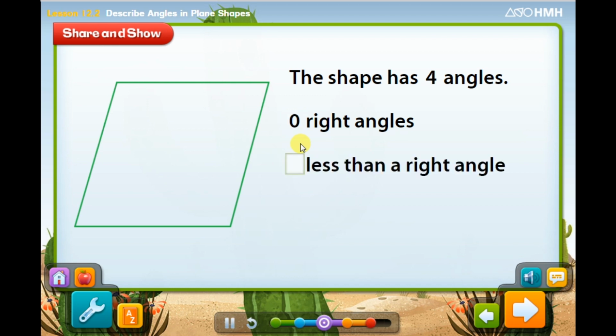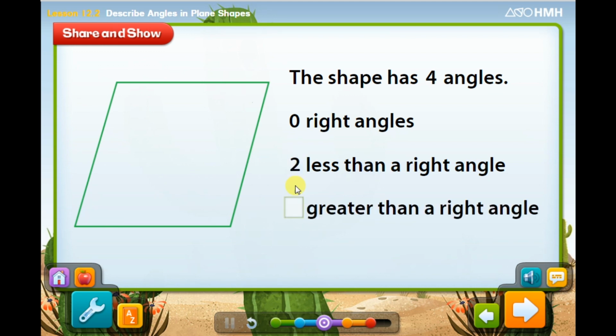How many angles less than a right angle does the shape have? The nearly closed angles are this one and this one. So they are narrow, small angles. It looks like he's closing his mouth. So I think it's 2. Let's choose 2. That's right. There are 2 angles that are less than a right angle.